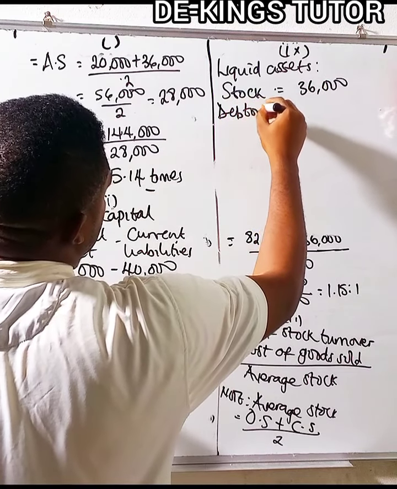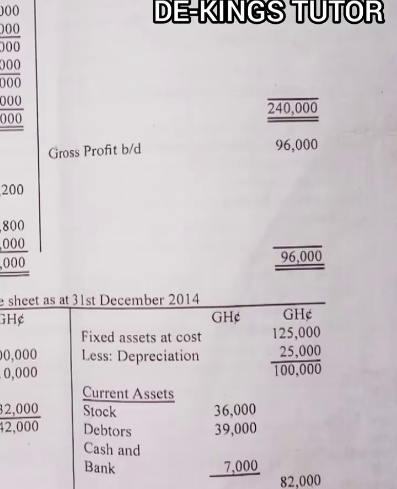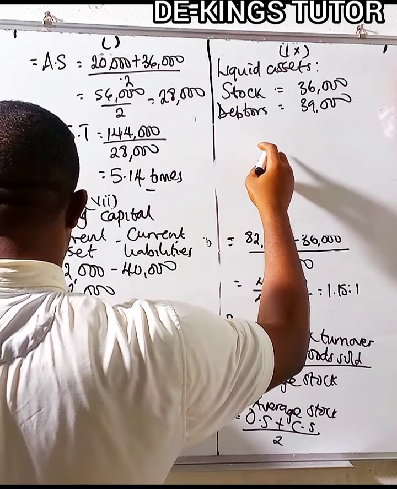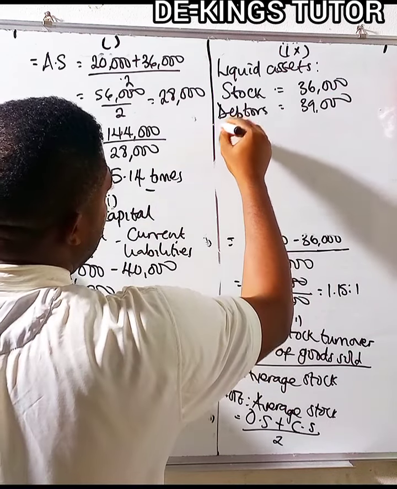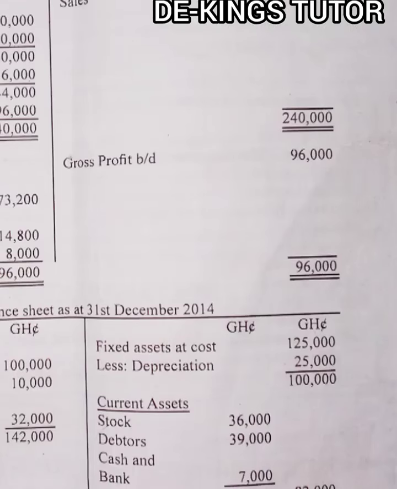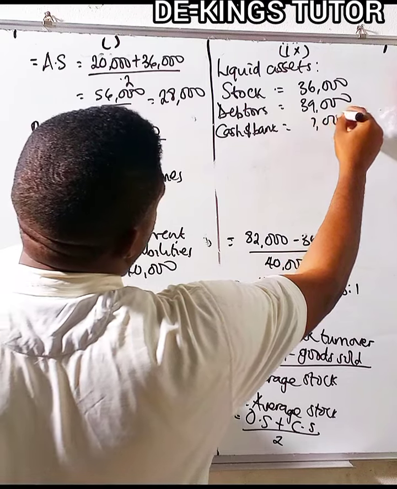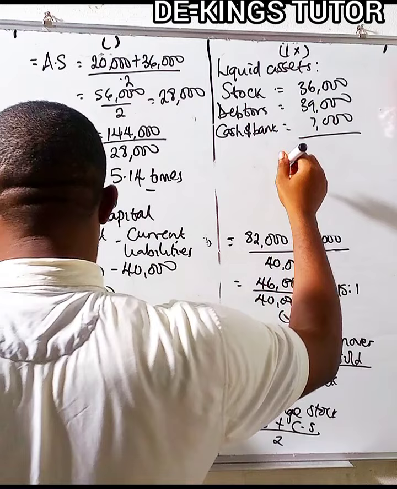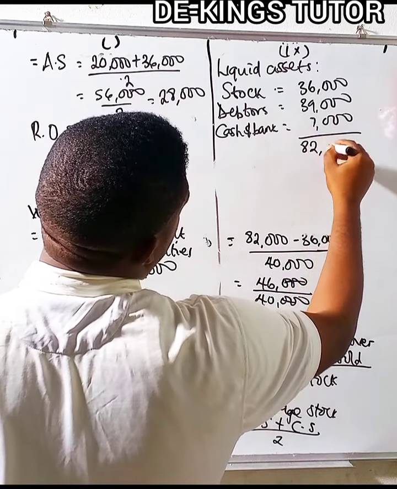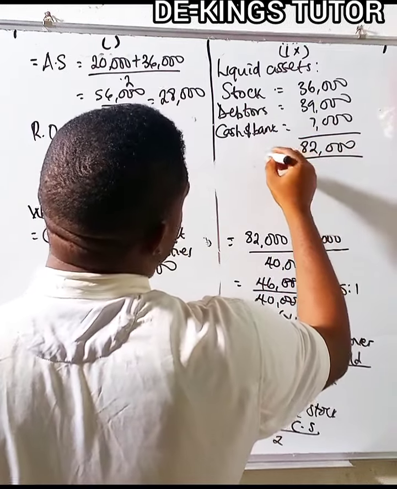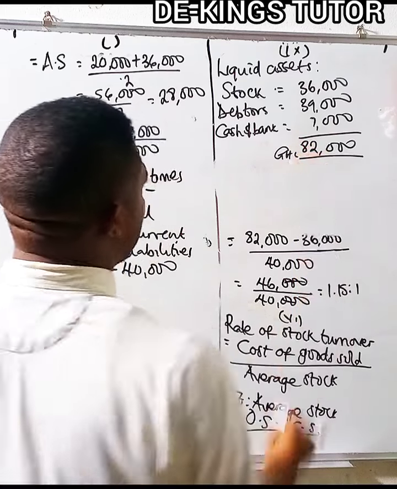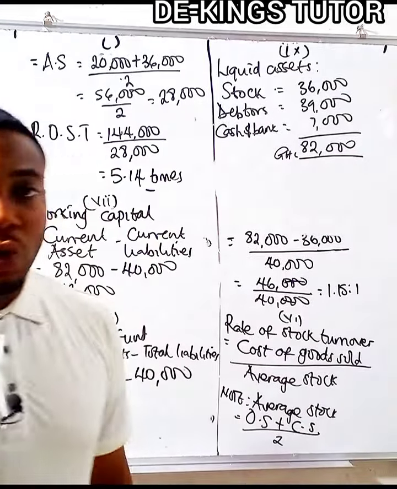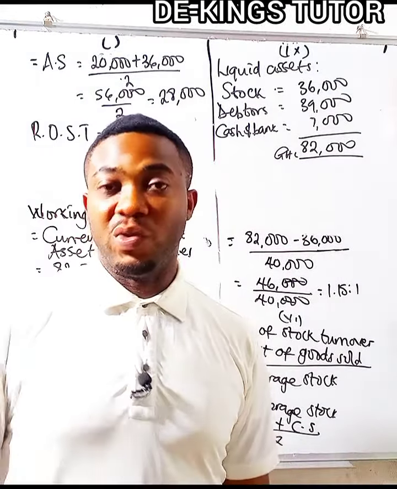The next one is the debtors, which we have as 39,000. We have the cash and bank, which is 7,000. 36, 39, and 7,000 will give us 82,000 Ghana cedis. That's the liquid asset. So that is how to solve questions relating to ratios.